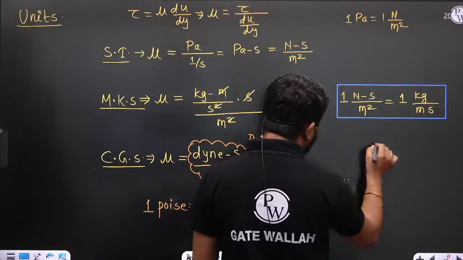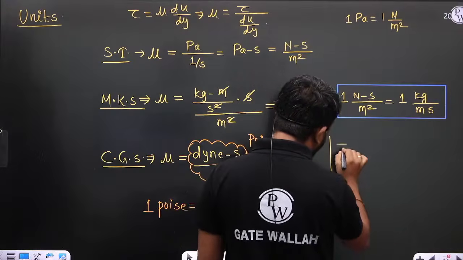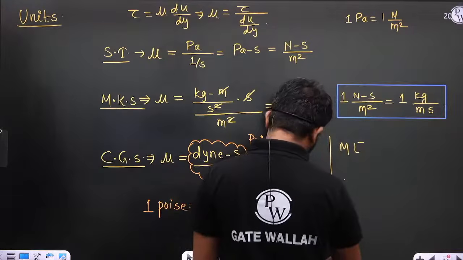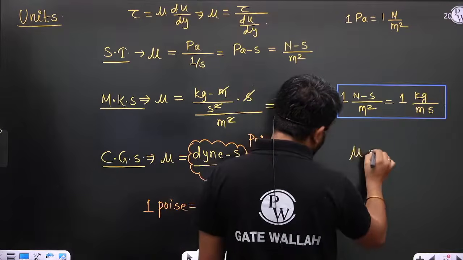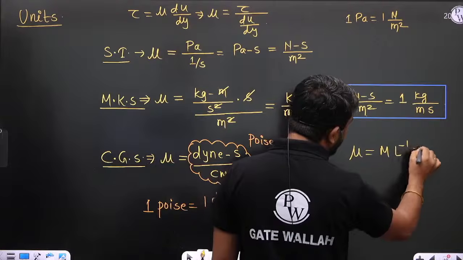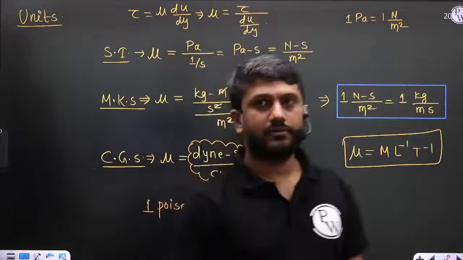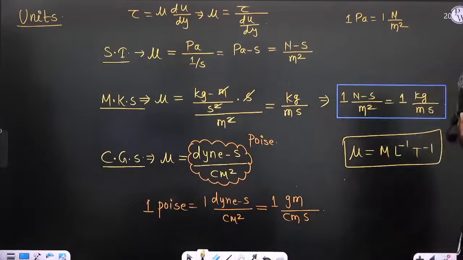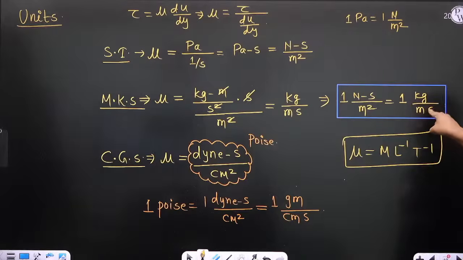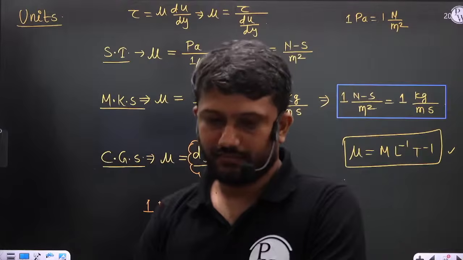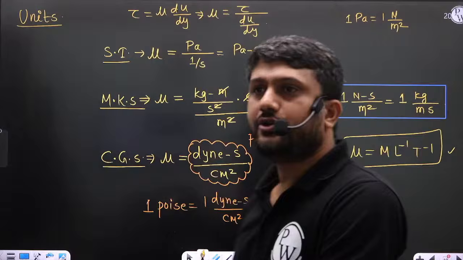So in terms of fundamental dimensions, that is M L minus 1 T minus 1, that is kg per meter second, for kg M, meter L, second T. So M L minus 1 T minus 1. So this is the viscosity in terms of fundamental dimensions. Is it okay?